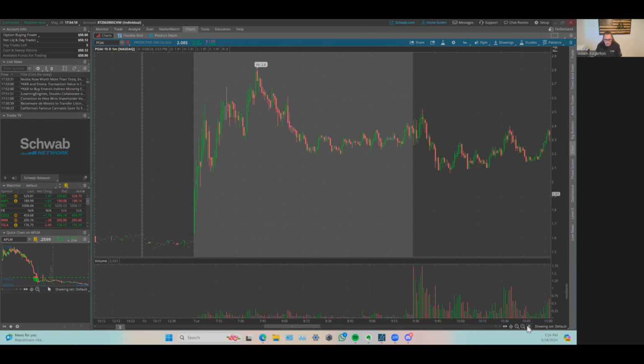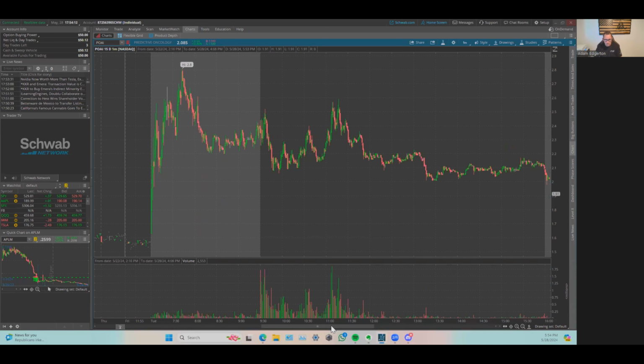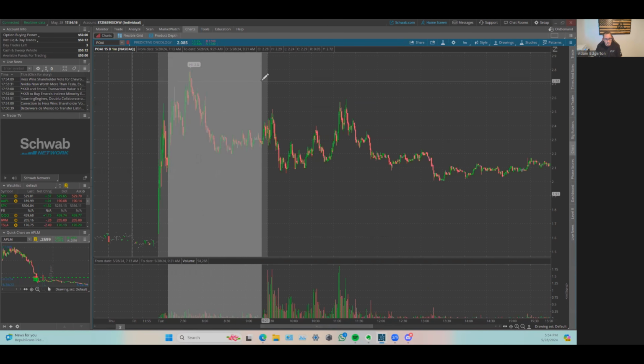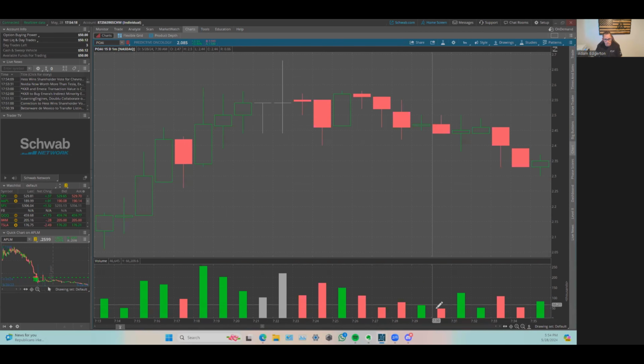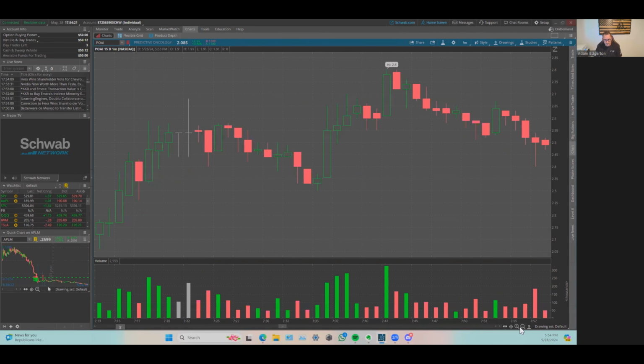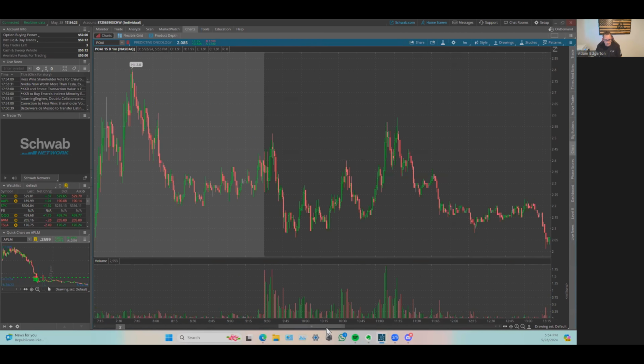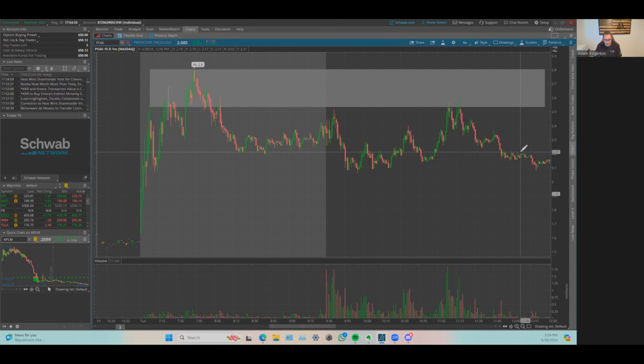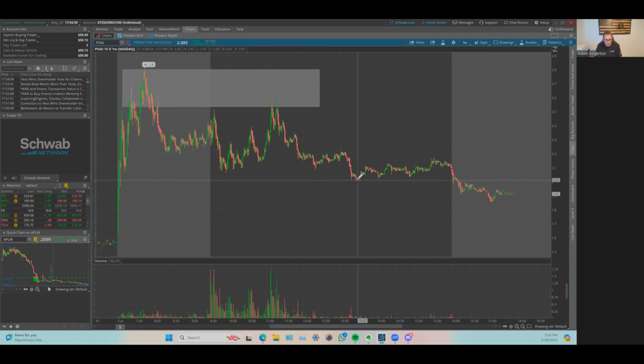And when you start using bigger share size, you really don't need that big of a move. If you get in relatively close to the high, anywhere within here, you made a pretty decent amount of money, because this thing shot up and it failed.